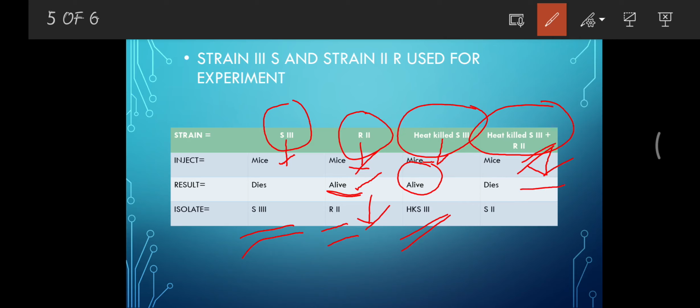Because he concluded that there is something present in heat-killed S3 which was transferred from heat-killed S3 to R2. Thus R2 becomes virulent, and he obtained the S3 strain from the dead mouse.